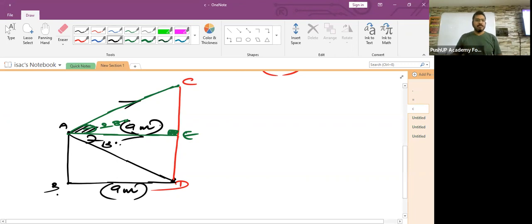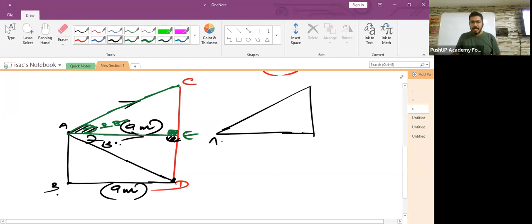All right. So children, how many right angle triangles are we getting here? 2 right angle triangles. The first one is this triangle AEC, where this angle is 28 degrees, AE is equal to 9 meters.